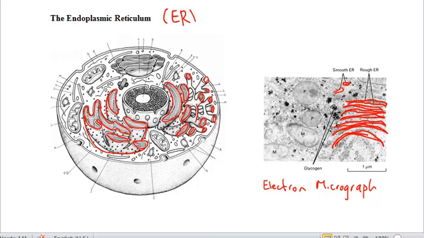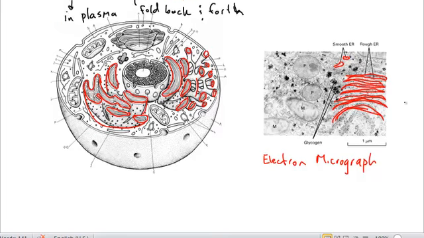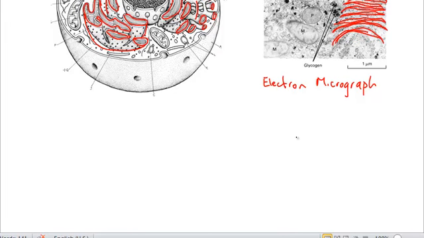In fact, that's what its name, endoplasmic reticulum, represents. Endoplasmic for endo meaning in, plasmic, the plasma, in this case the cytoplasm, in plasma, and to reticulate means to bend or fold back and forth. So it just is referring to this membrane structure that folds back and forth throughout the cell.